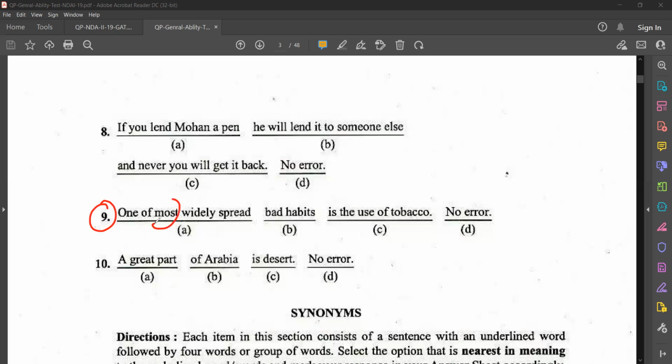See, "most", isn't it? Most, it is superlative, isn't it?